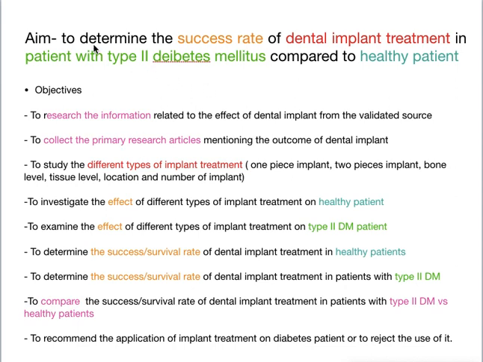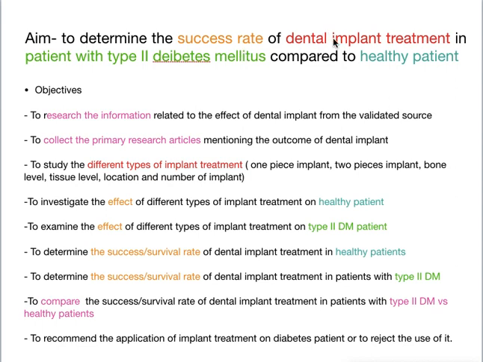Here, the aim is we want to determine the success rates. Success rate is a kind of outcome. You might have a lot of outcomes by doing this, maybe in implant treatment or whatever. One of the outcomes is success rate. You are aiming for those specific data. And then dental implant treatment is a broad term.